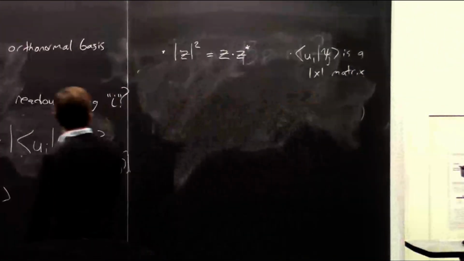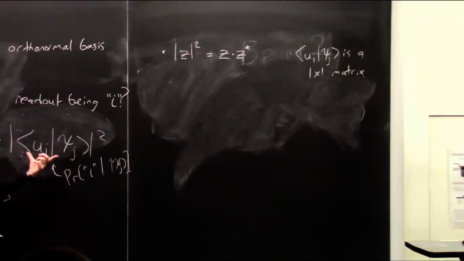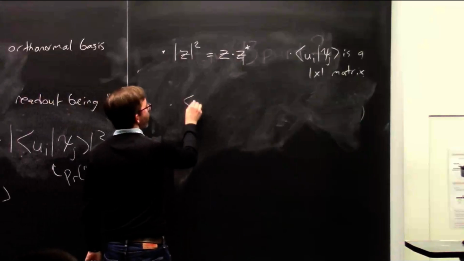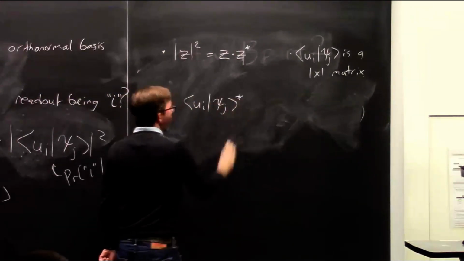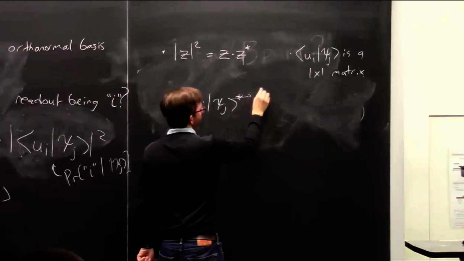So in particular, I'm imagining applying this little fact about complex numbers to this thing. And so I would get the complex conjugate of this number. If you think about that as a 1 by 1 matrix, that means that the conjugate of the inner product of ui and psi j is the same thing as the dagger.